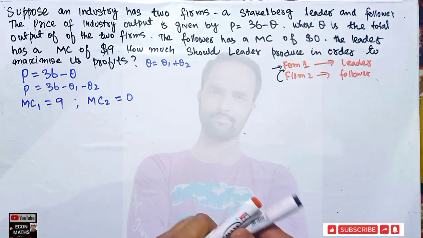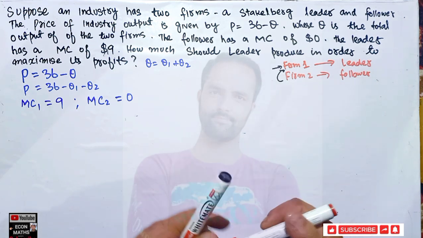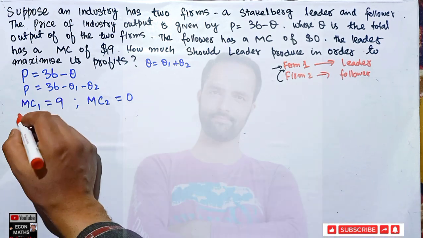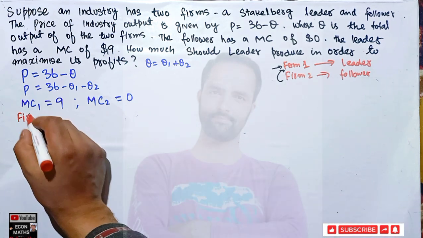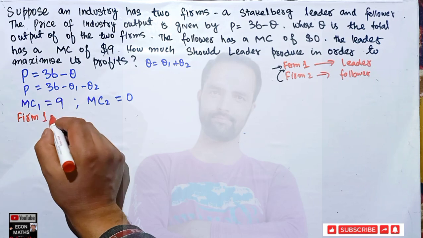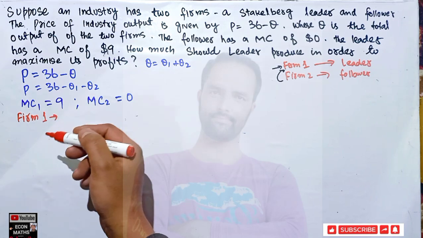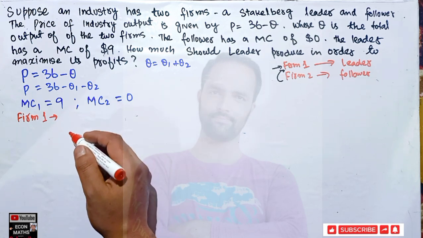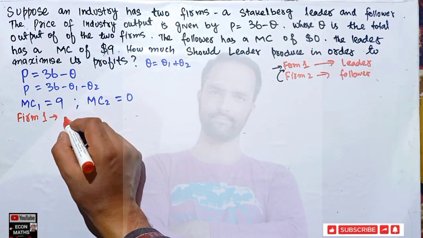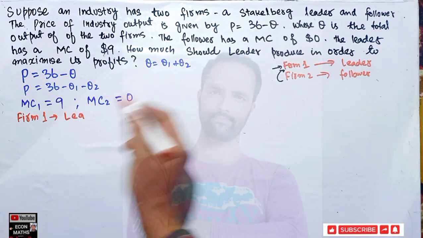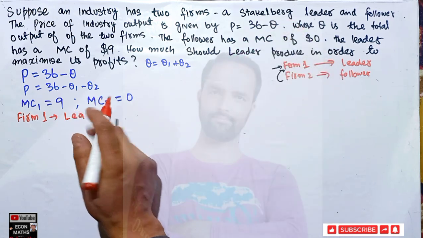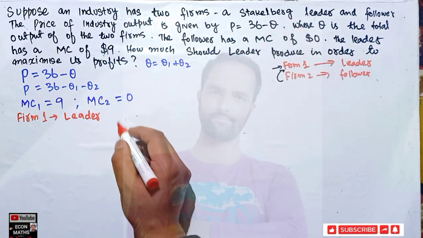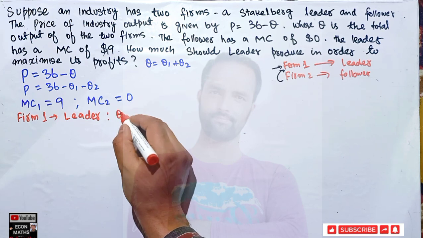Now how do we solve this question? Let us say firm 1 is the Stackelberg leader, which the question also tells us. I am not able to pronounce it correctly. What is the output that it will produce?